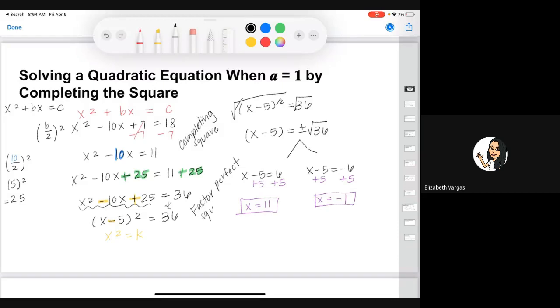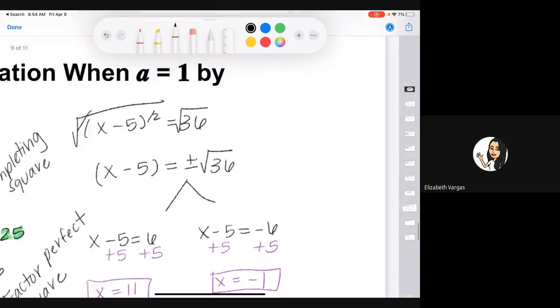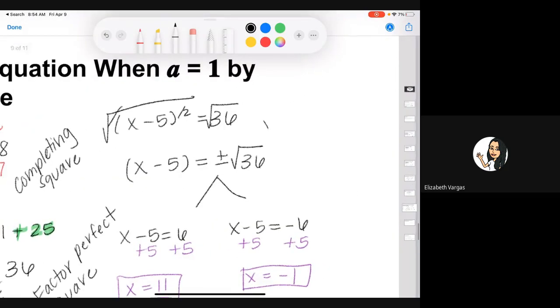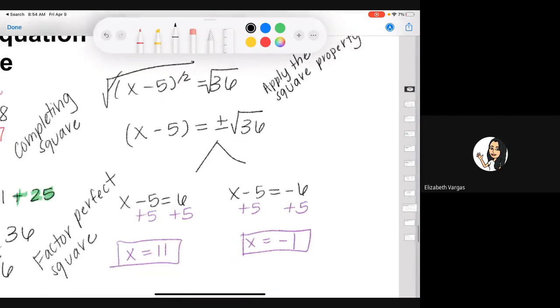Or you want to factor that perfect square. Okay? And then after we do that, we apply the square root property. And then lastly, we solve.